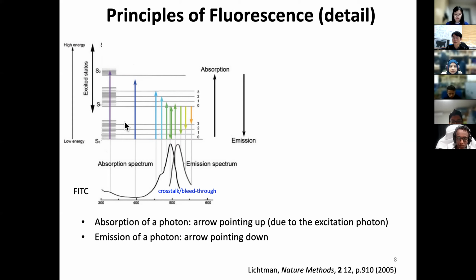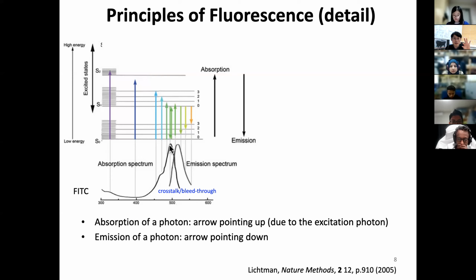So when light comes into the fluorophore, all of these can actually be excited. For example, this shorter wavelength, higher energy can excite, and that corresponds to this UV. The y-axis is the probability, which peaks at that level, let's say in this case 488, because it's FITC.